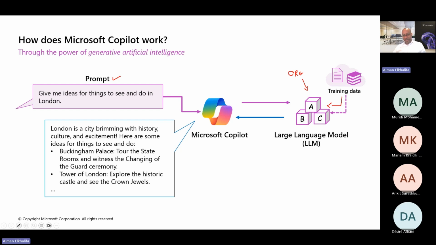So Copilot is built on generative AI, okay? And it uses a large language model that has been trained with a huge volume of data. The LLMs basically have been trained on anything on the internet, anything that was ever printed, and so on.